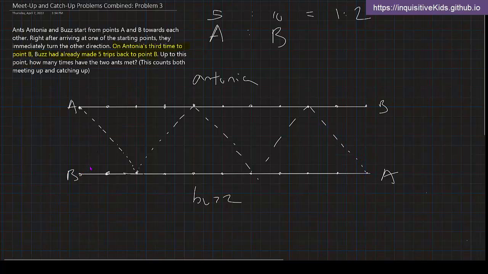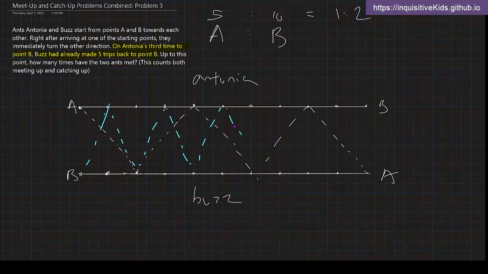Buzz, being twice as fast, is going like this, because this is just how many laps they go.